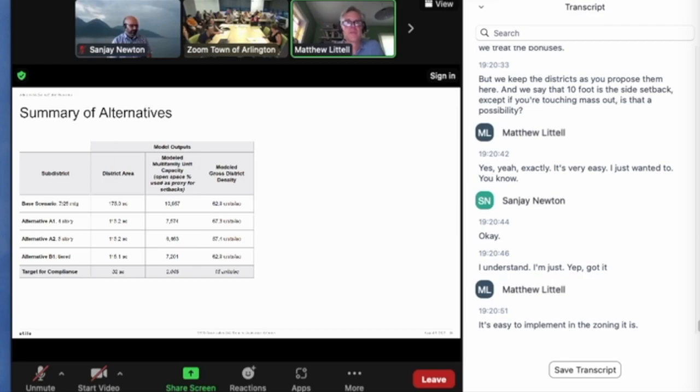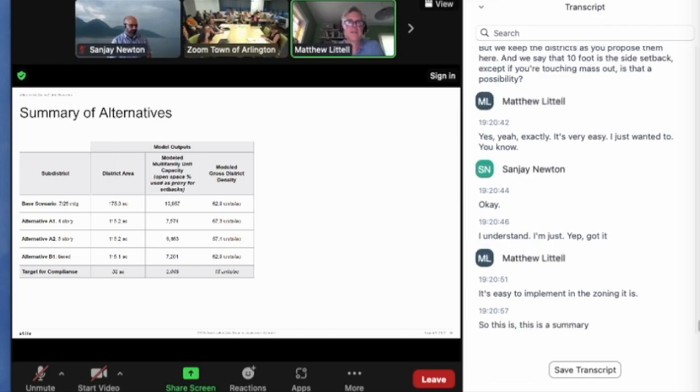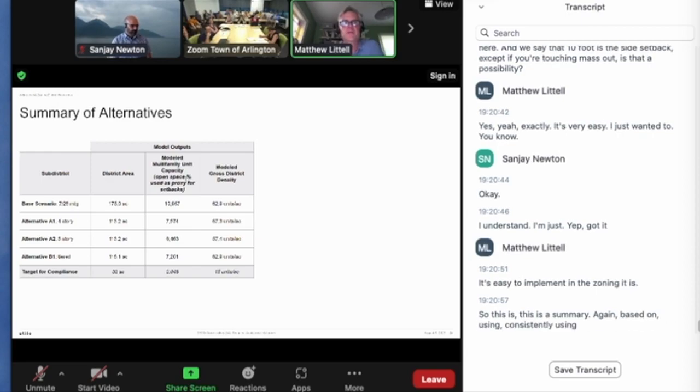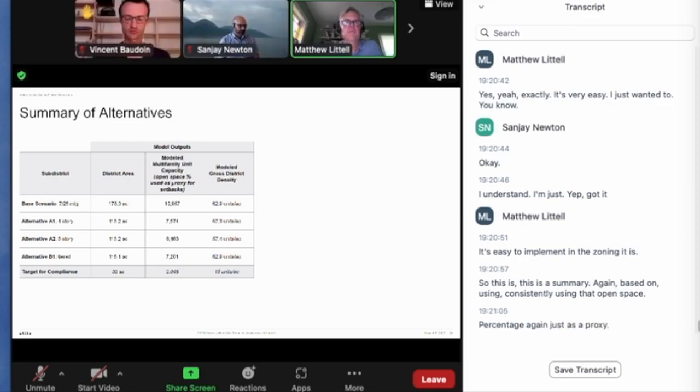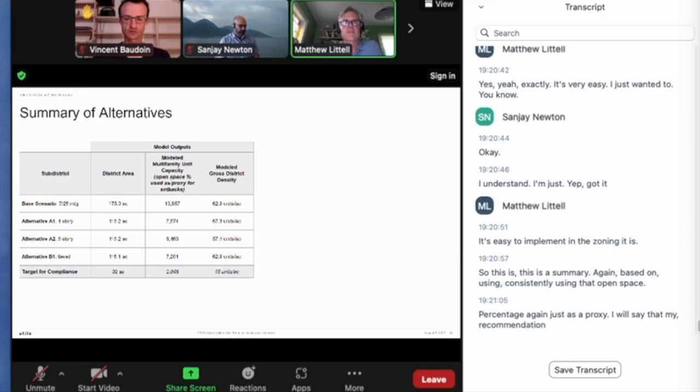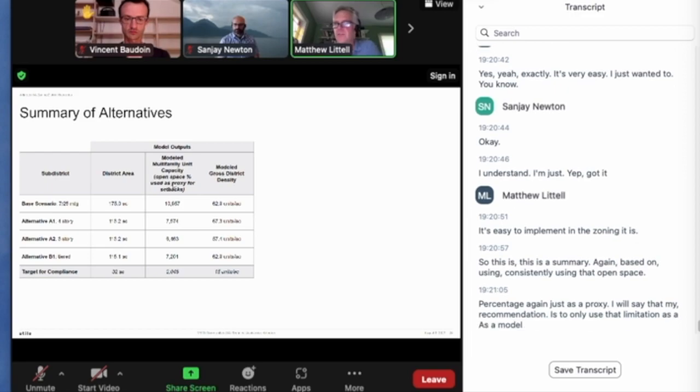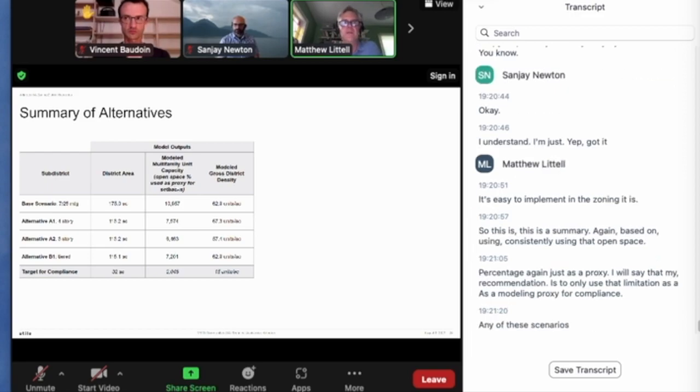So this is a summary, again, based on consistently using that open space percentage, just as a proxy. My recommendation is to only use that limitation as a modeling proxy for compliance. Any of these scenarios would be very compliant.